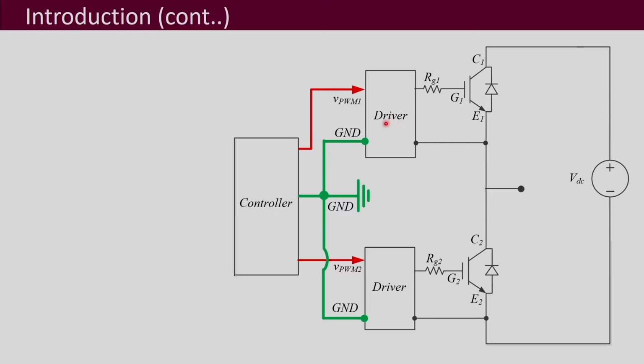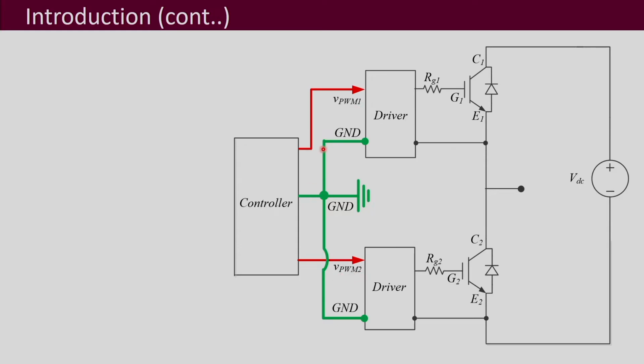This is your driver 1 and this is your driver 2, and these drivers receive gate pulses from this controller, let us say named VPWM1 and VPWM2.